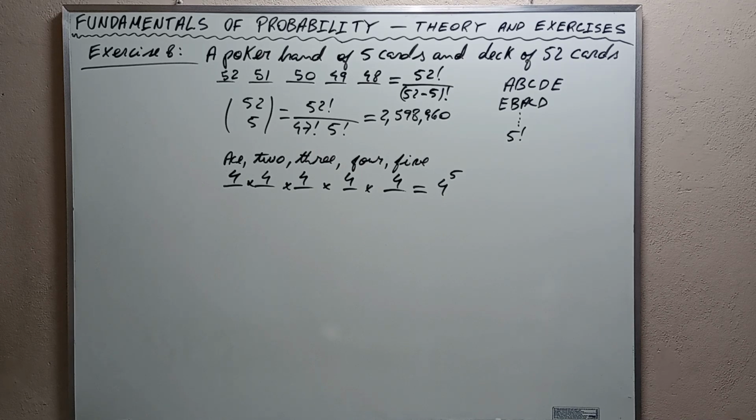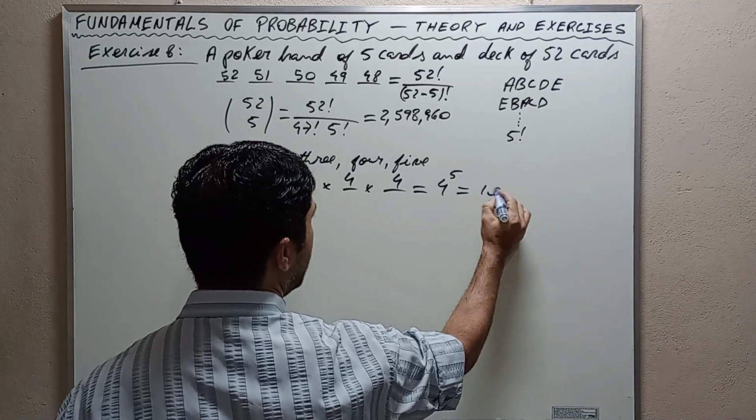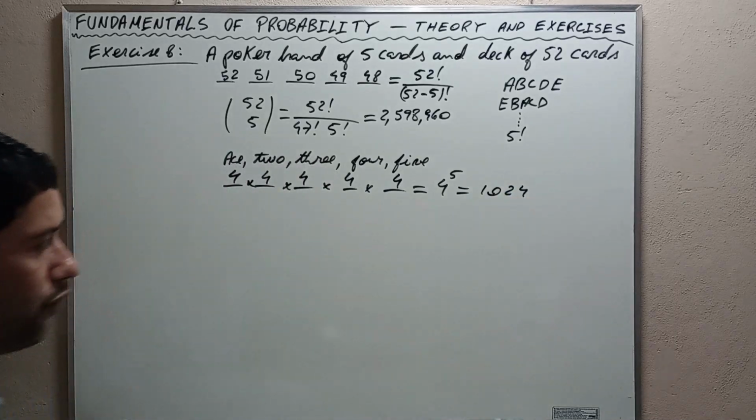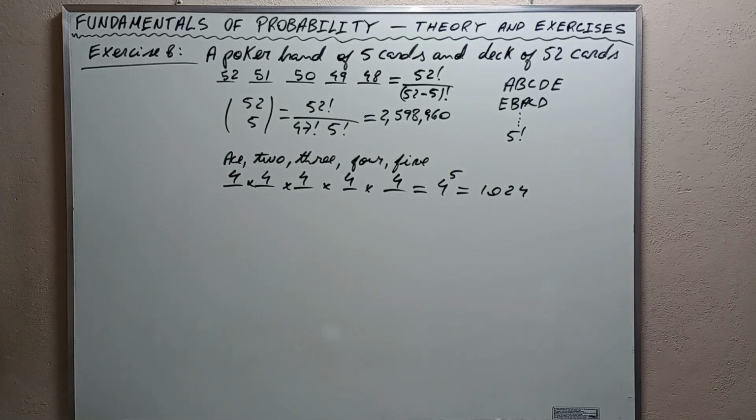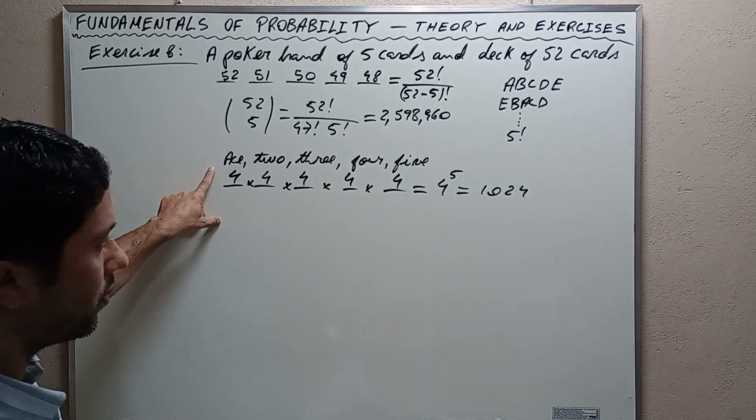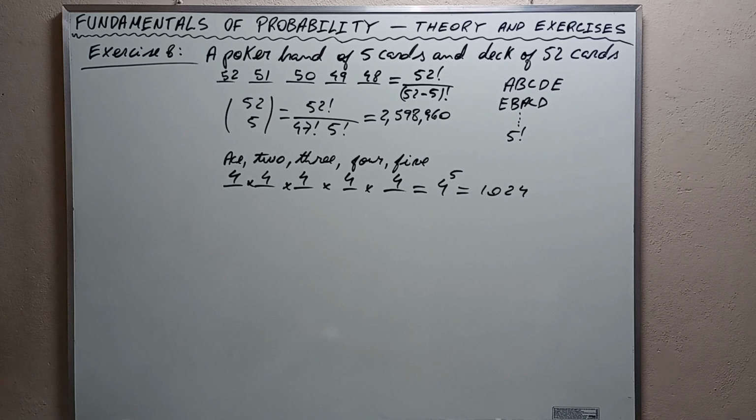All right, there are 4 to the 5th, and this number is equal to 1024 possible outcomes leading to exactly 1 ace, 1 2, 1 3, 1 4, and 1 5. Okay, this is only one example of a straight. There are other possible straights, and we need to account for that.